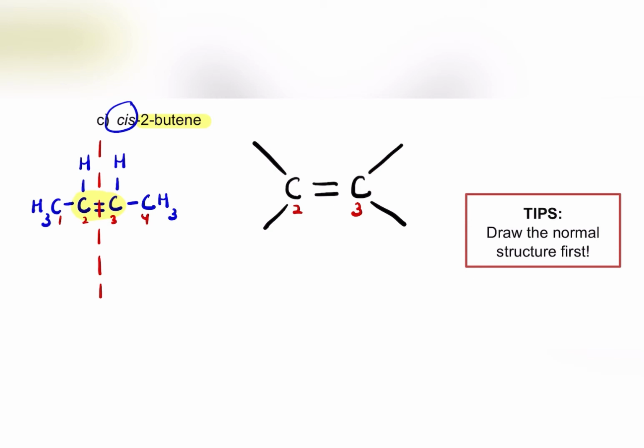So I'm going to put hydrogen with hydrogen at different carbon 2 and 3 in same side position. So I got one hydrogen, and I got CH3 and CH3. So this is the structure for my cis-2-butene.